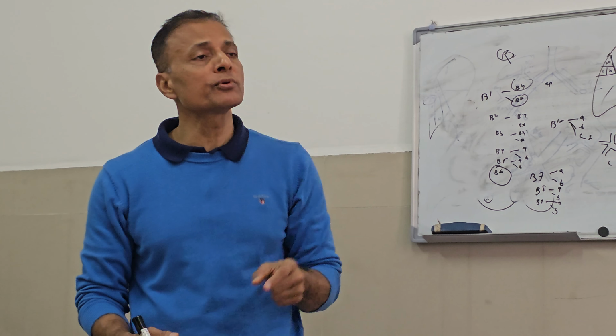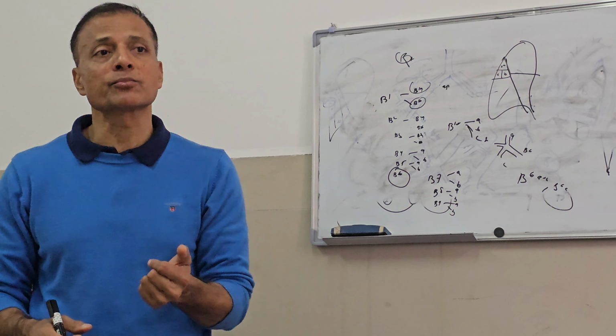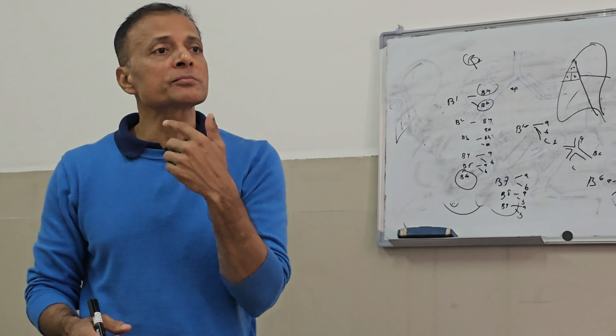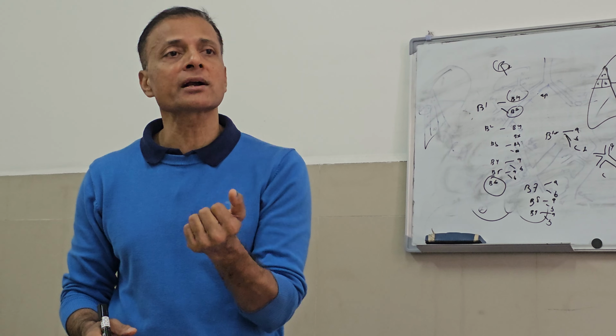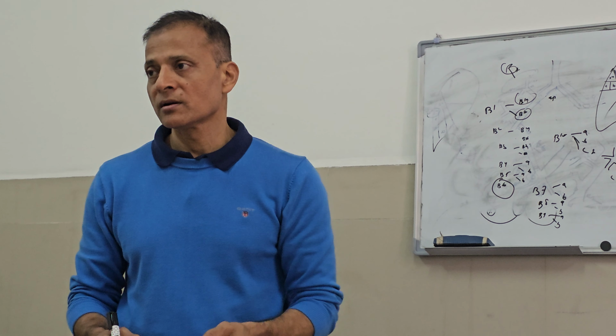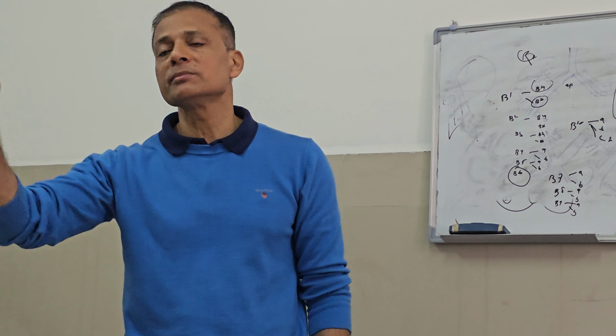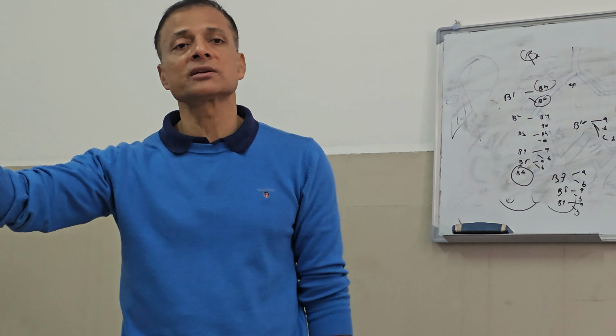That's why it's important, because when you read the CT scan, you must be able to answer if somebody asks what is the exact location of the GGO, or the exact location of the 8 millimeter nodule that we see in the CT scan.